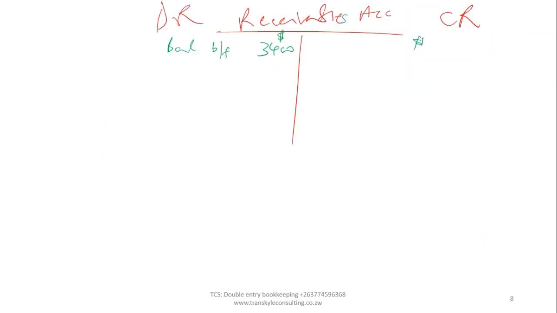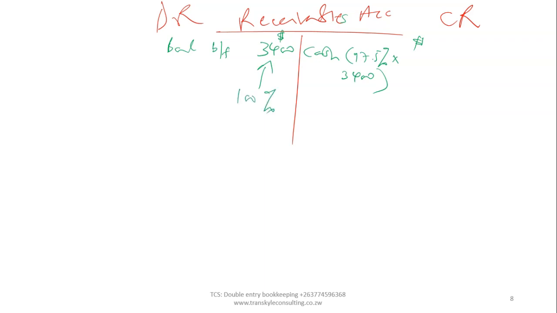So how much cash did she pay? She only paid cash worth 97.5% multiplied by 3,400. Why are we saying 97.5? Because the actual amount, this 3,400, is a 100% figure.